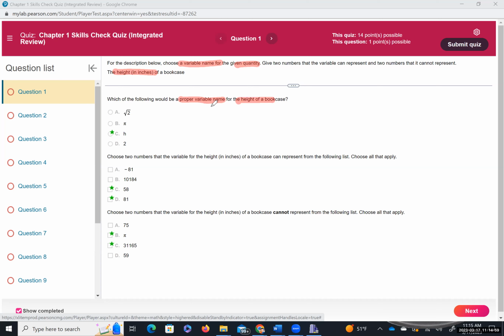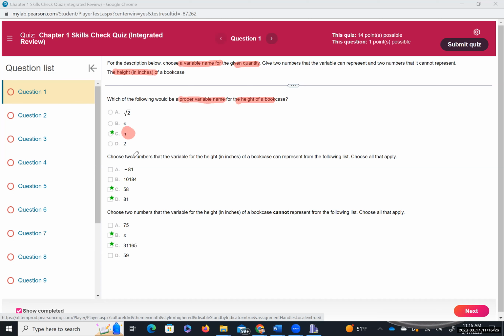When I talk about the name, I will not talk about the number. It's not numerical data, it's categorical data. So you should label it with a letter. I will use H as the answer, and that's the reason why C in this case is my answer.